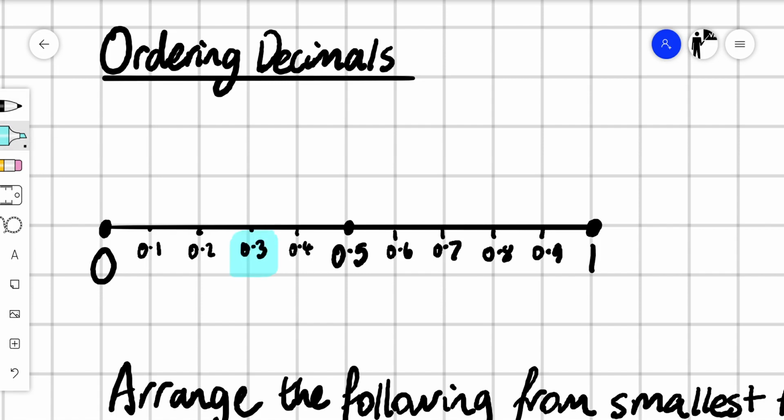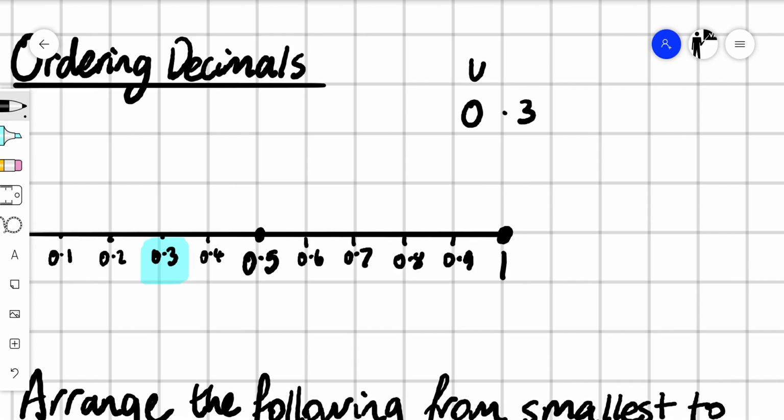Let's just look at 0.3. I'm just going to write this up here. 0.3 means that we have 0 units and 3 tenths, because this would be our tenths column here.